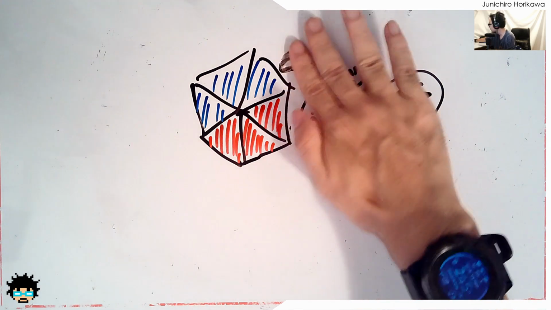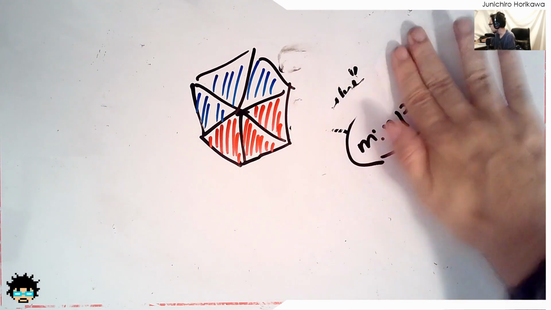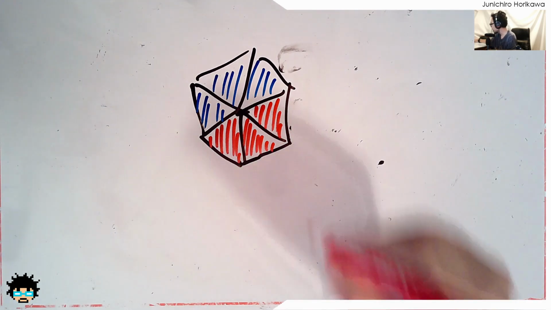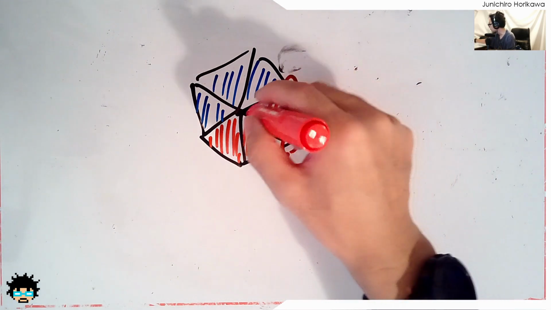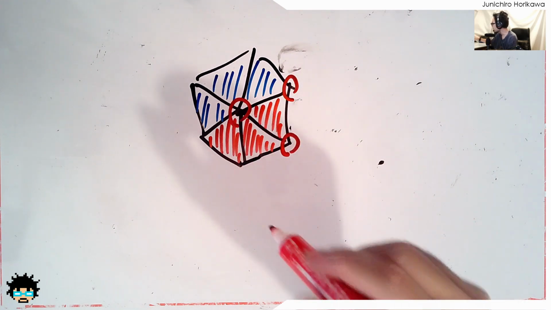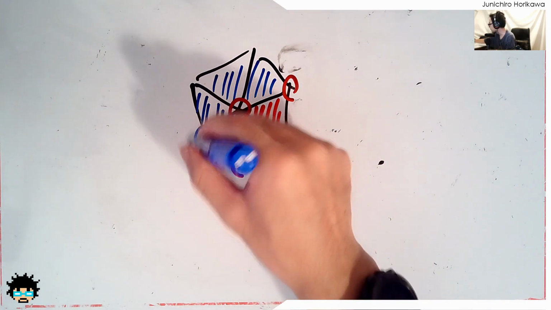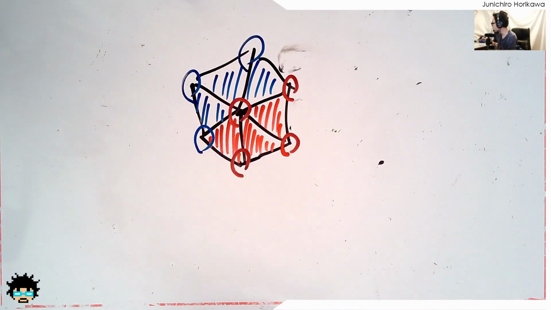Same for points. You can make a group for points by collecting the points that you want as one group and making the other points another group like this.